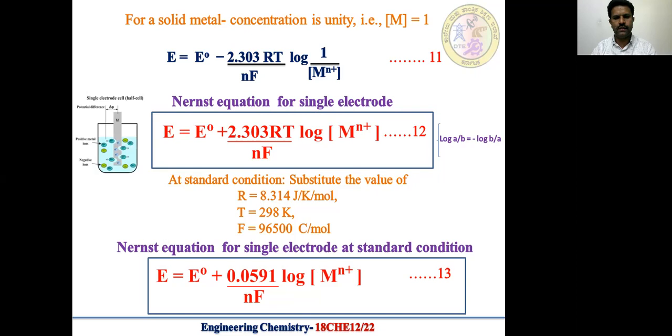The above Nernst equation can be written as E is equal to E naught plus, after substituting all the R, T and F values, 0.0591 divided by N log of the concentration of M n plus. So this is the Nernst equation for a single electrode at standard conditions.